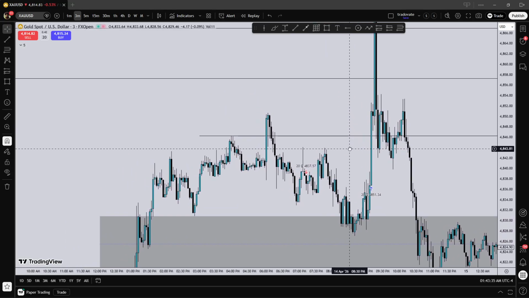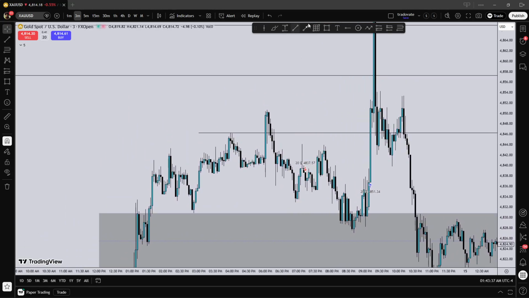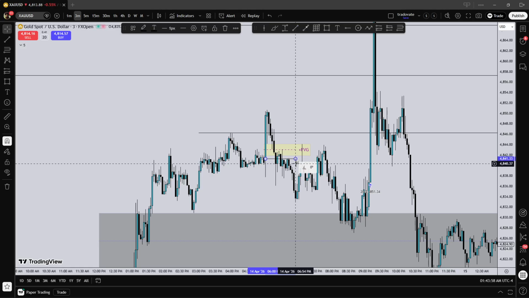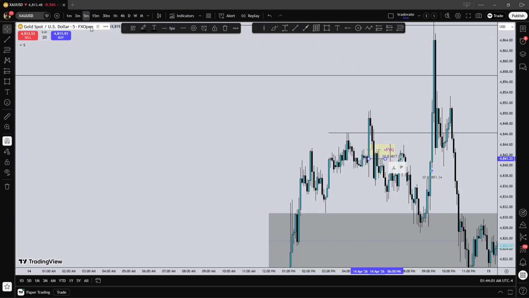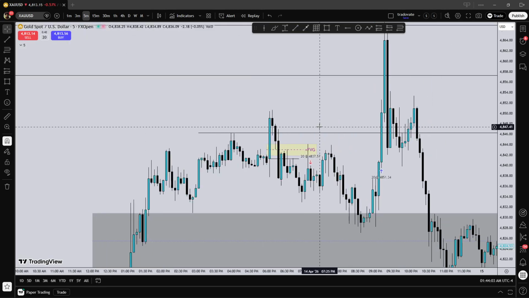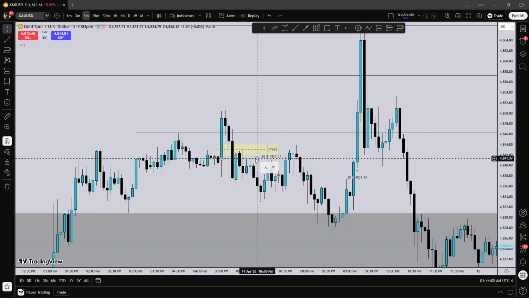So I took a sell of this inversion fair value gap. This would have been the change in state of delivery.